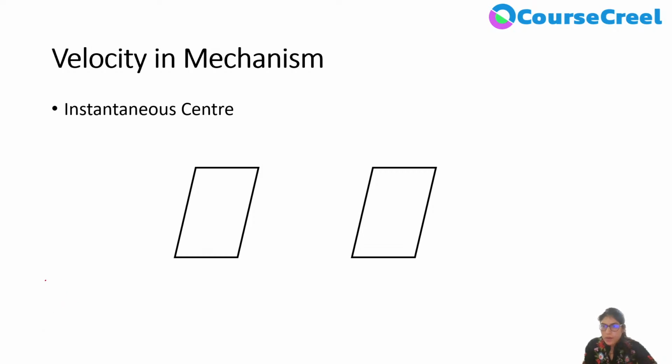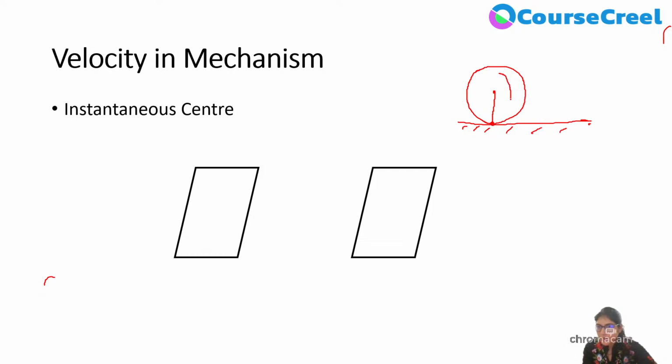Suppose here we take a wheel. Suppose there is a wheel, it is moving over a fixed surface, this is our car's wheel, and this circle is having a center. Okay, so here suppose this is the point which is in contact with the surface.